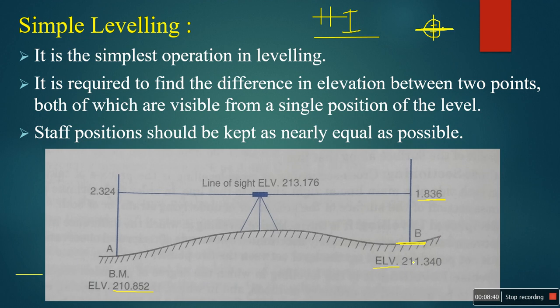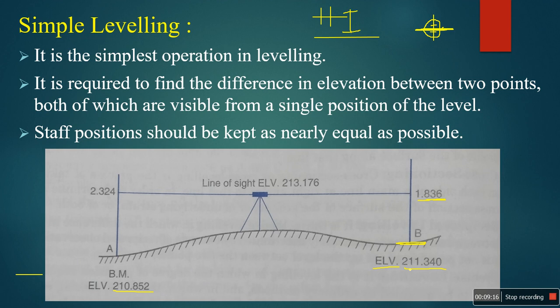Then the difference, 211 minus 210, will give the elevation difference between the A point and the B point. Whatever work you have done with the measurement of staff readings, the main aim is the difference between the A point and B point. If you know the RL of these two points, the difference of these two RLs gives the difference in elevation between A and B.